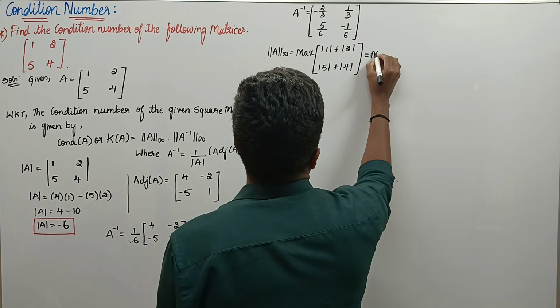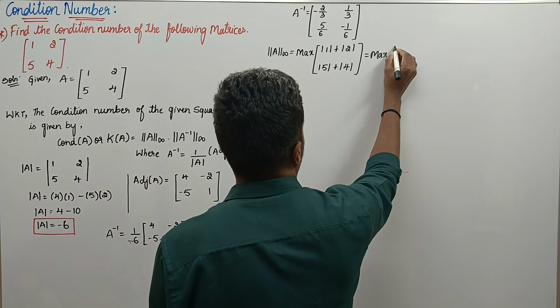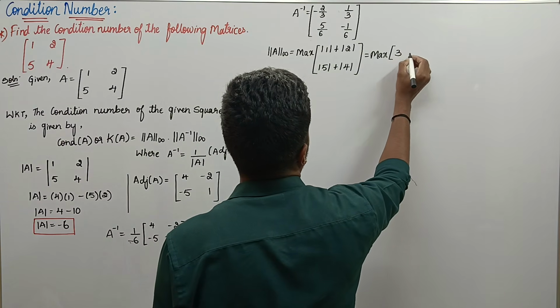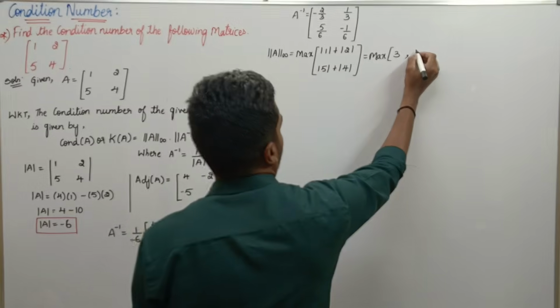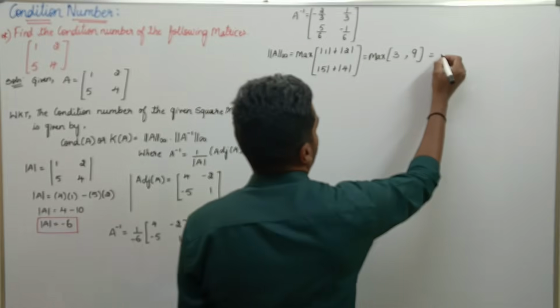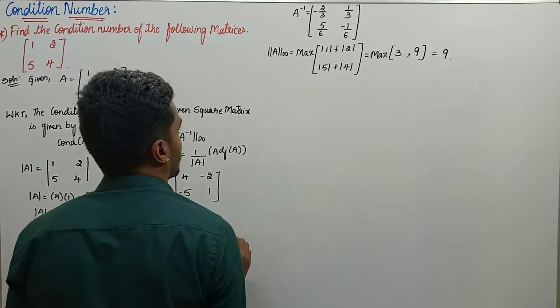Always remember, whenever you represent infinity, you are supposed to take the maximum. Maximum of 1 plus 2, which is 3, comma 5 plus 4, which is 9. The norm A infinity, the maximum number, is 9.